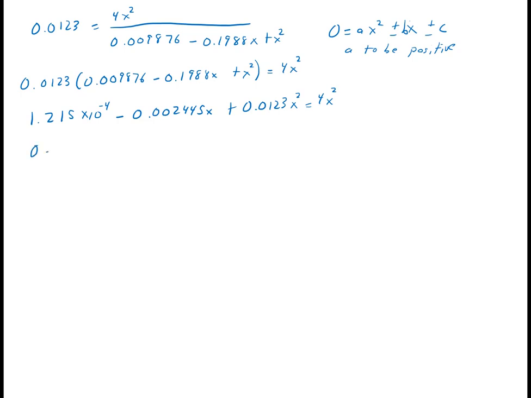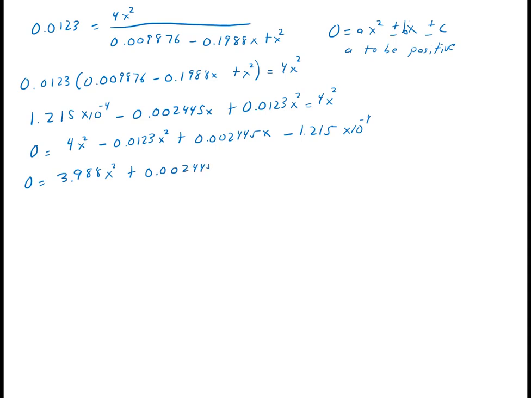So I have 0 is equal to 4x squared minus 0.0123 x squared plus 0.002445x minus 1.215 times 10 to the minus 4th. I'm going to combine these two x squared terms together, so I get 0 is equal to 3.988x squared plus 0.002445x minus 1.215 times 10 to the minus 4th.